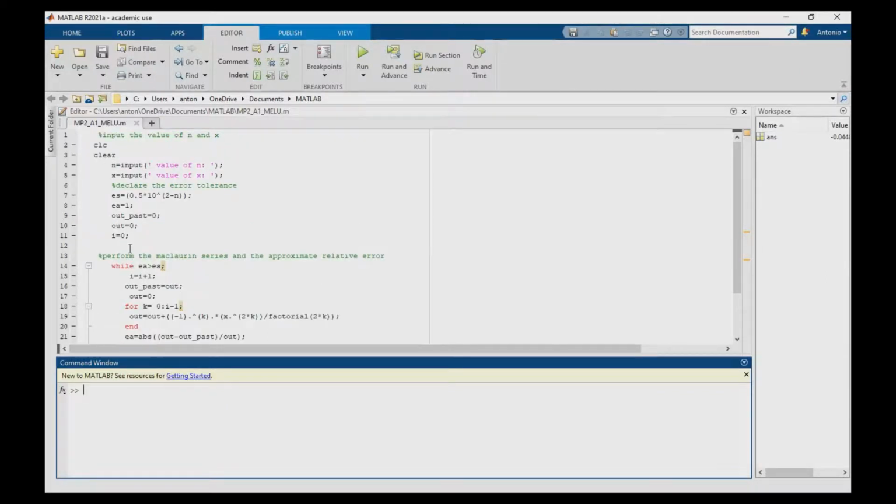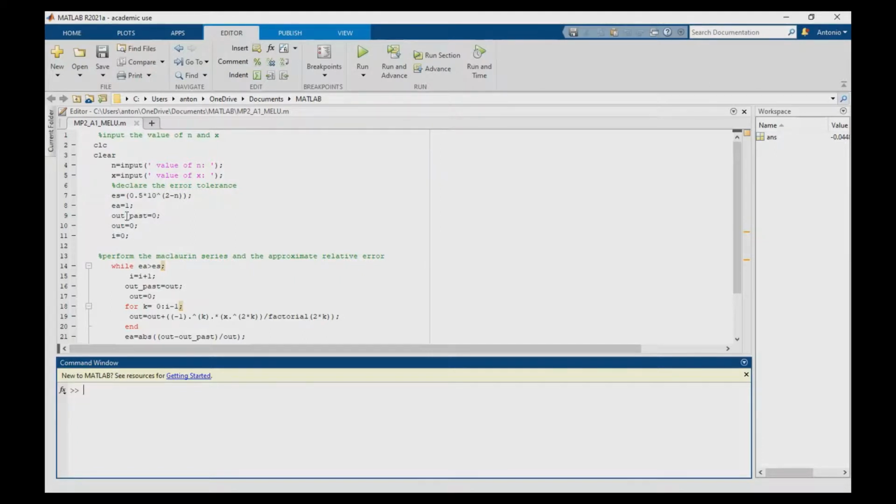So while E sub A is greater than E sub S, since E sub A is not yet known, let us put an initial condition which is significantly greater. We know that E sub S where n is equal to 3 will be 0.05, and 1 is significantly larger than 0.05.